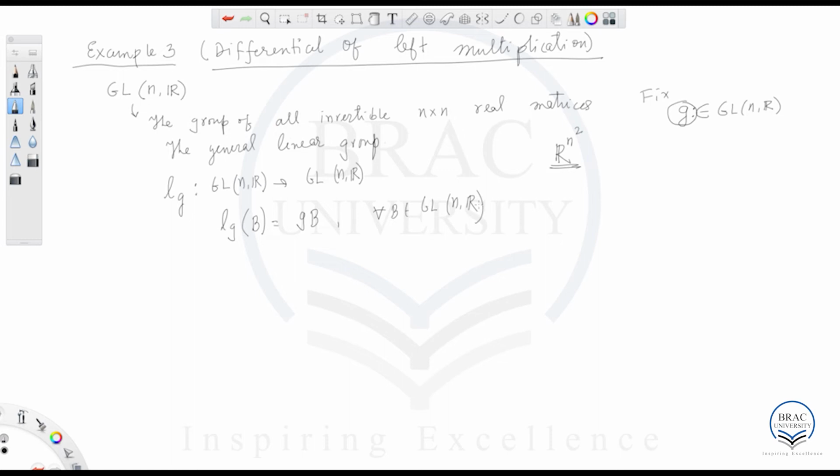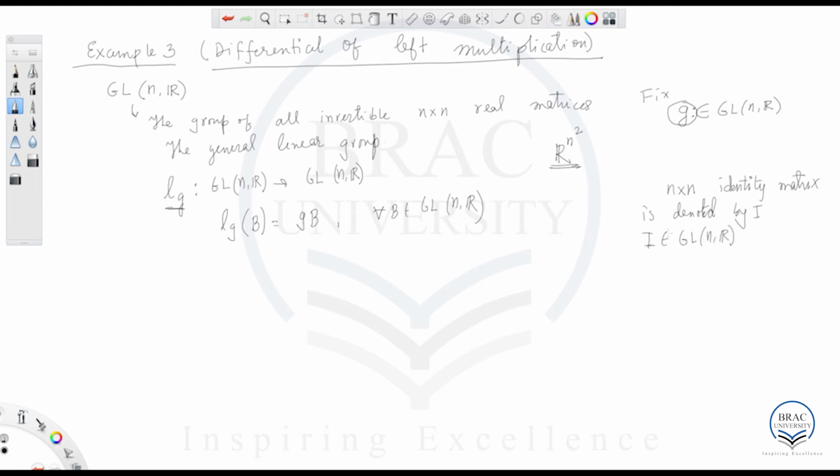We are given this smooth map from the manifold GL(n, R) to itself, and now we need the invertible n times n identity matrix over reals, denoted by I. So I is in GL(n, R).